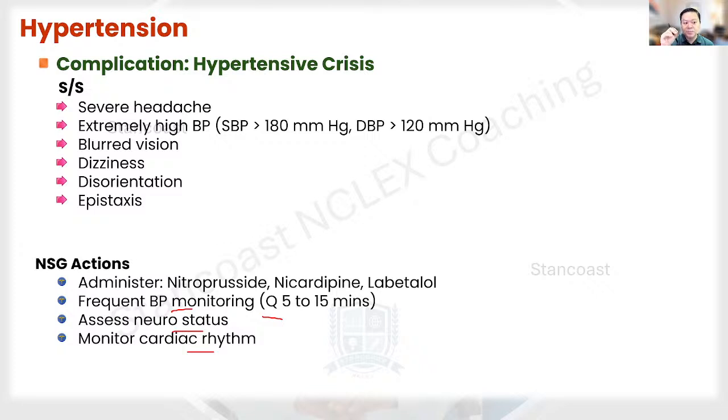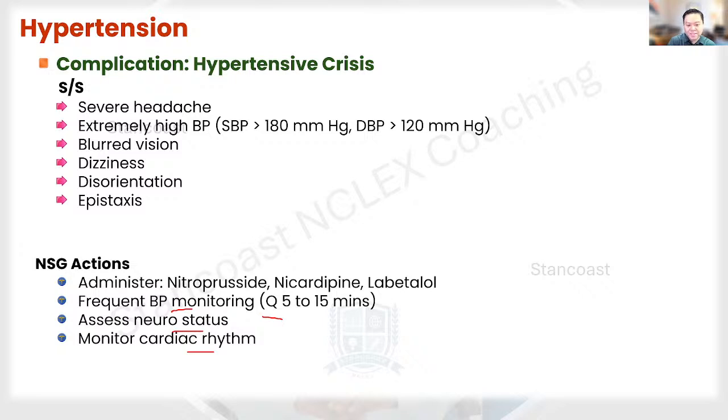Make sure this patient is going to be taken care of by the ICU nurse, or maybe the progressive care unit or telemetry, because they have fewer patients, and of course they'll be able to manage this patient much better because of their higher level of skills, right? And so hypertensive crisis, as I have said, can be managed in the med-surg.